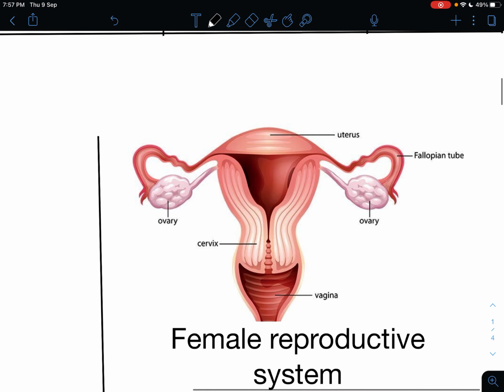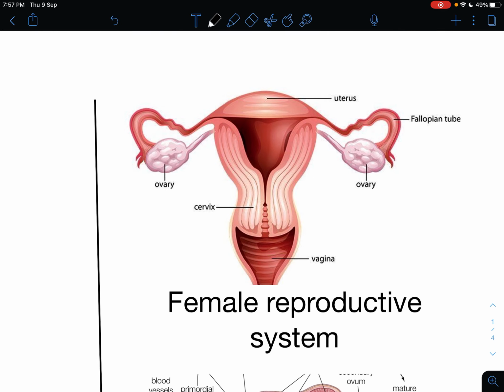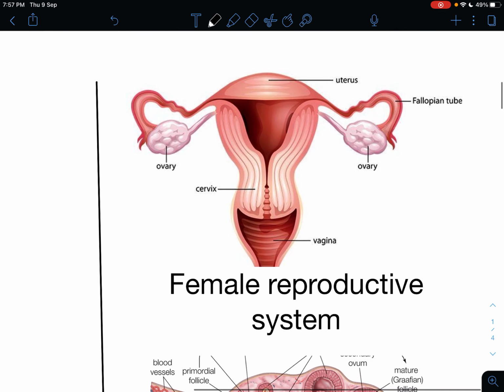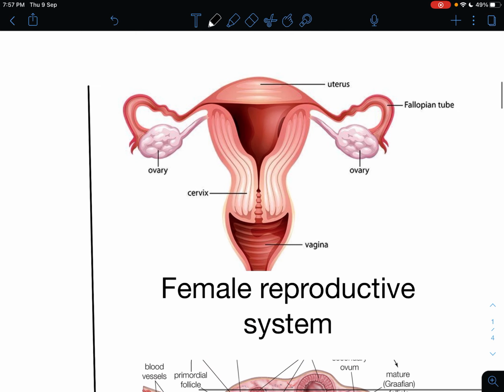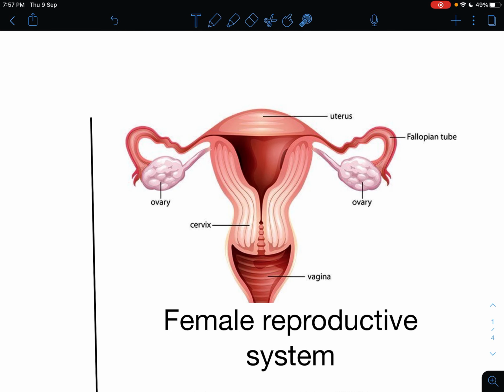The second site of secretion for menstrual cycle hormones is the female reproductive system, specifically the ovary. So this is the female reproductive system. You have the vagina, the cervix, the uterus, the fallopian tube, as well as the ovary.